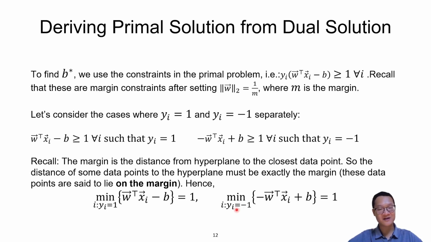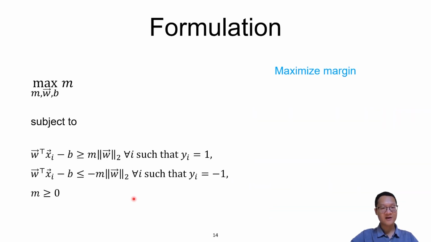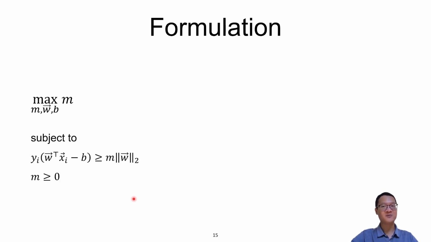And similarly for the negative classes, if we minimize over all of those and calculate minus w transpose xi plus b, that must be equal to 1, because the negative example that is closest to the hyperplane must have a distance of exactly the margin. Right, same reasoning on both sides. So that was a geometric interpretation from revisiting the steps in the formulation.